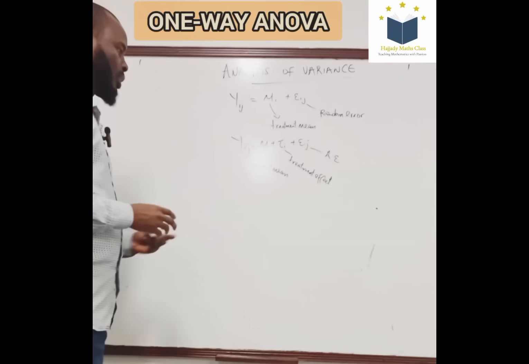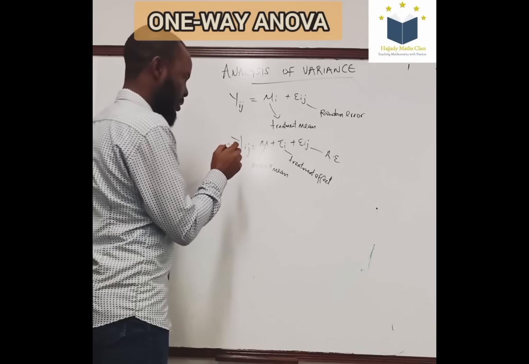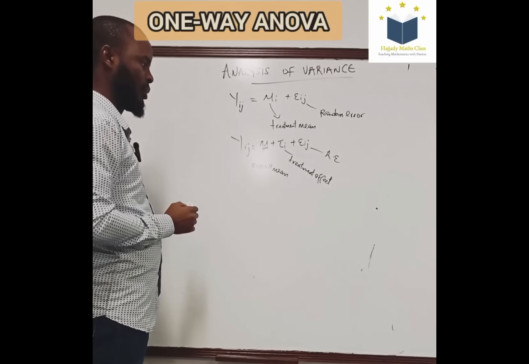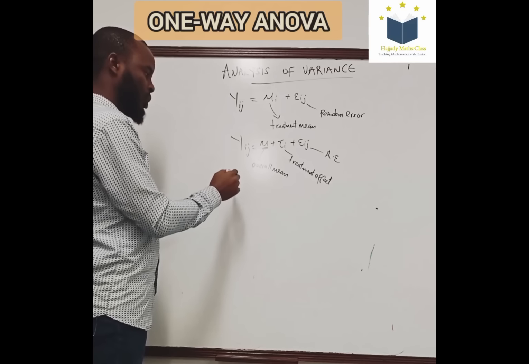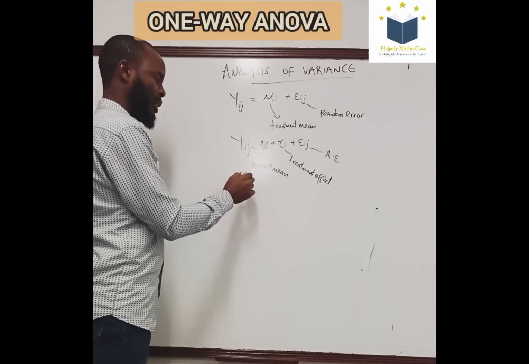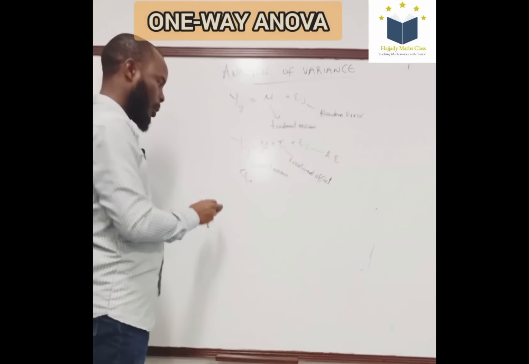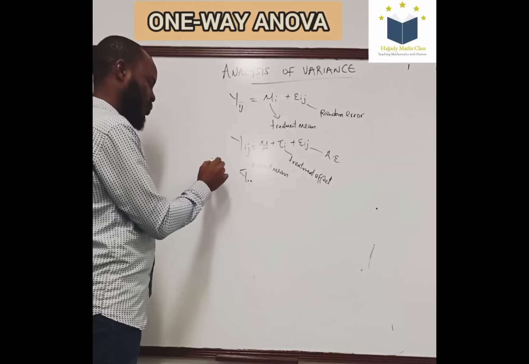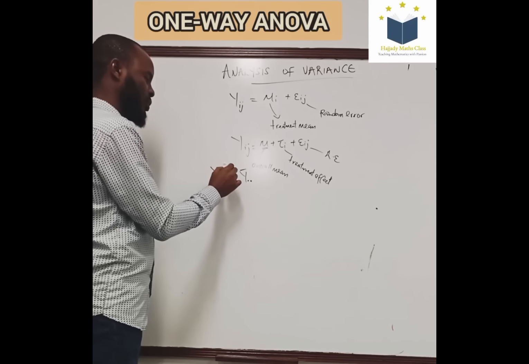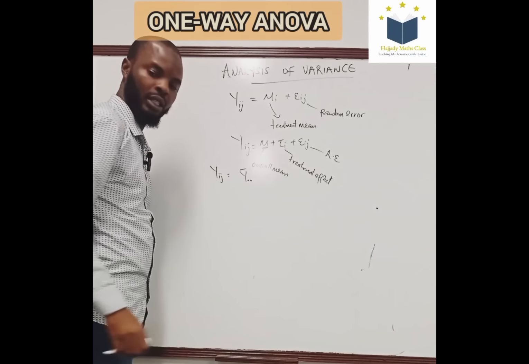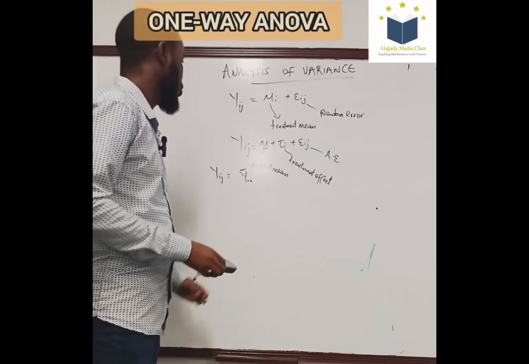So looking at this, if you estimate this population mean, which is known as the overall mean, which is also known as our y dot bar, the estimate of it. So don't forget that we have our observation equals this. So this is what I'm going to use to estimate my sum of squares.